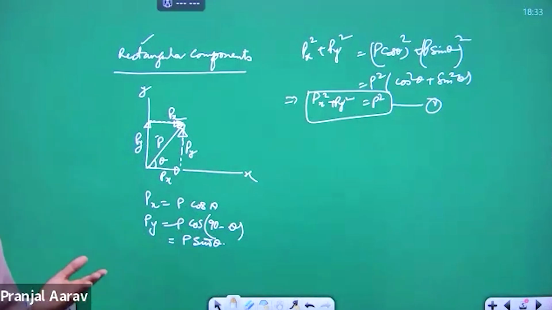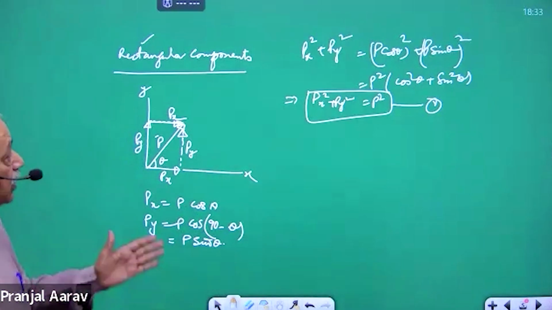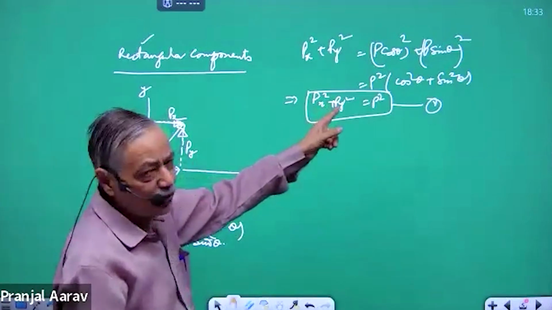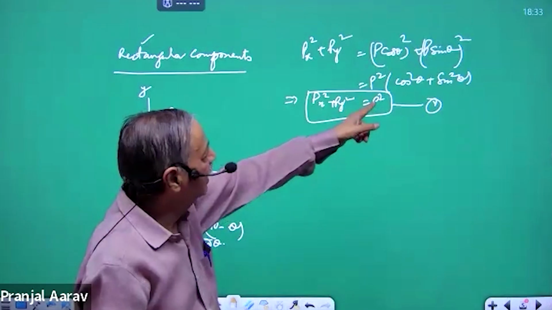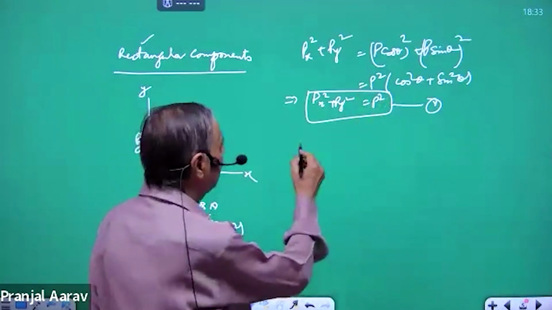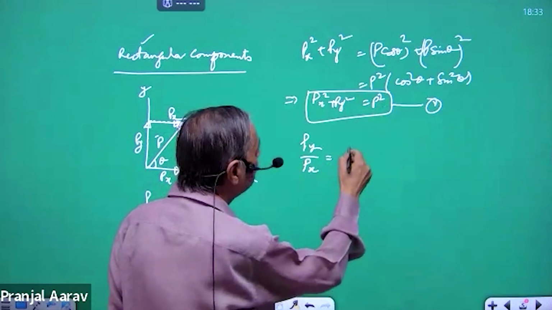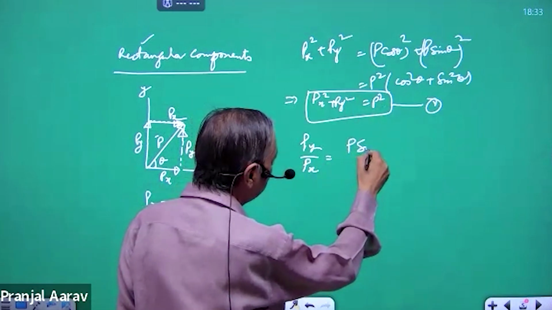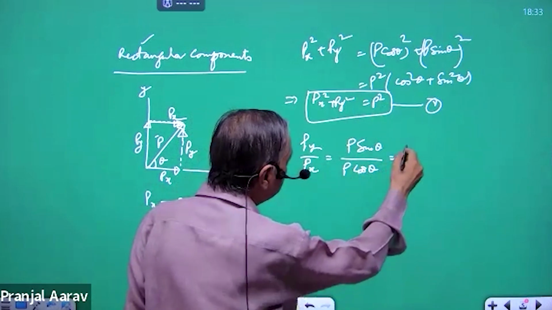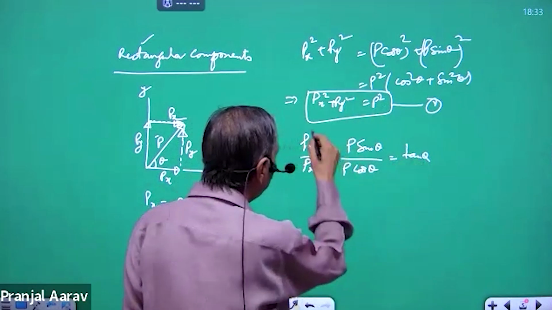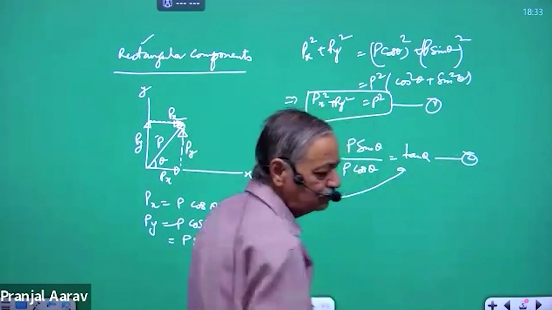If you have two rectangular components and you take their square, it becomes the magnitude of the original vector squared. Then next, Py upon Px is equal to P sin theta divided by P cos theta. That becomes tan theta. So Py by Px is equal to tan theta. This is number 2.